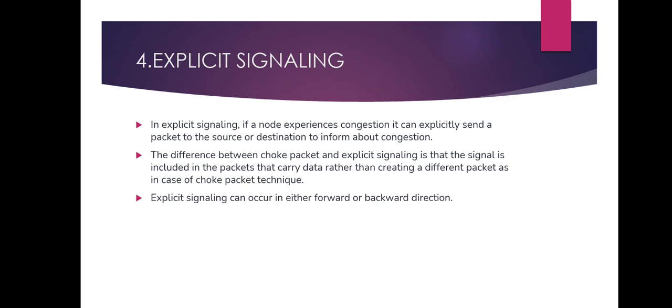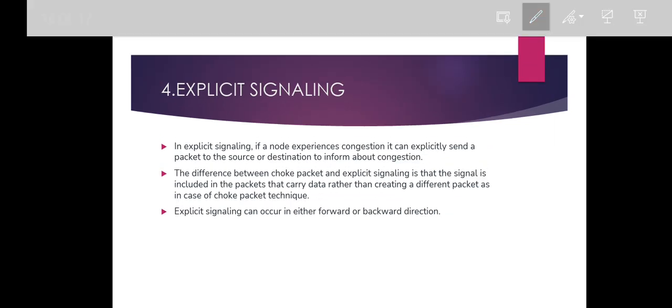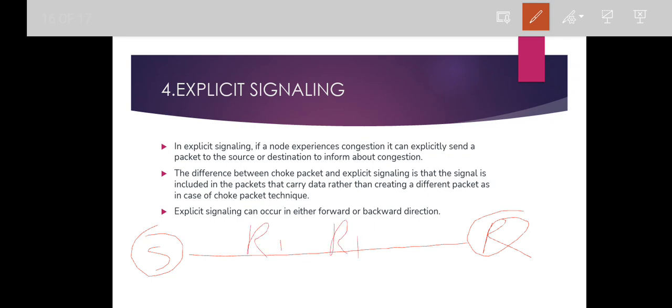So because of this, there is a chance of creating congestion. And the fourth technique is explicit signaling. In explicit signaling, here is a sender and here is a receiver, and in the network there are a number of routers, and the third router is facing congestion. In explicit signaling, the third router directly sends information to the sender to slow down sending packets. In the choke packet technique we also send information directly to the sender to slow down, but there we use a special packet, the choke packet.